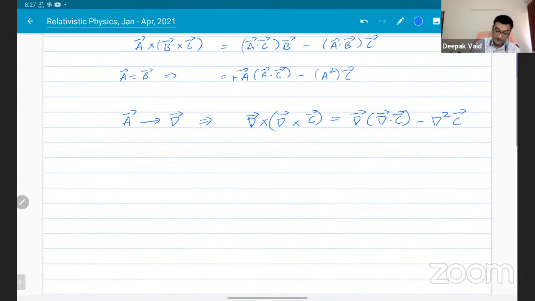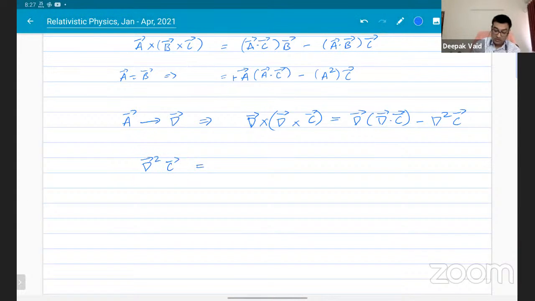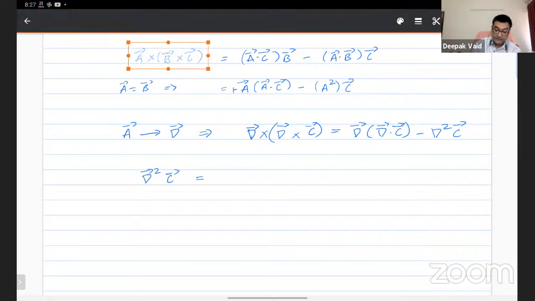Okay. What is this del square C? This is a vector quantity. The left hand side is a vector quantity, so it has indices ijk.